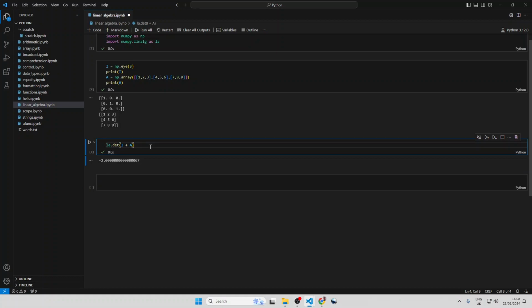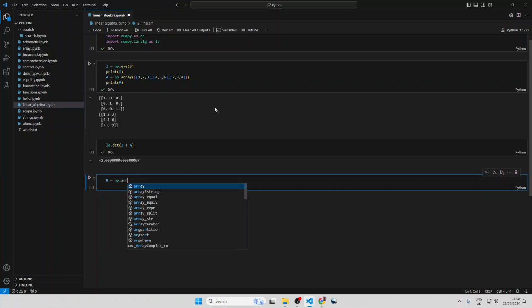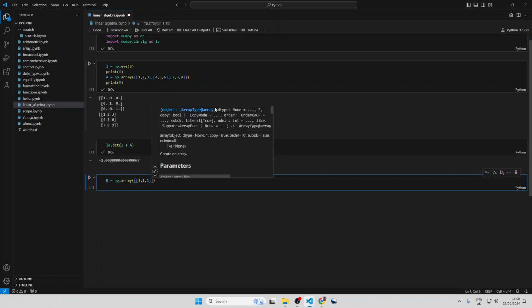Another thing, let's look at the Vandermonde matrix. The top row is going to be 1, 1, 1.